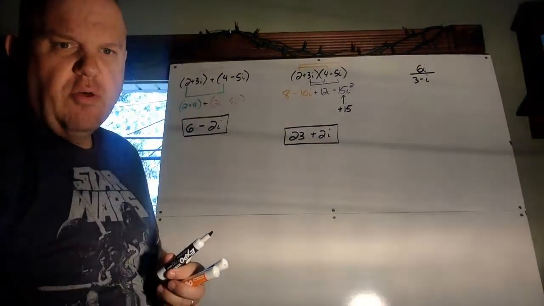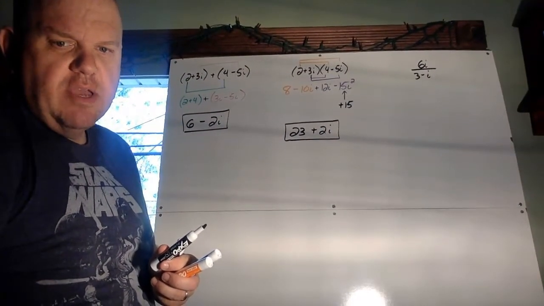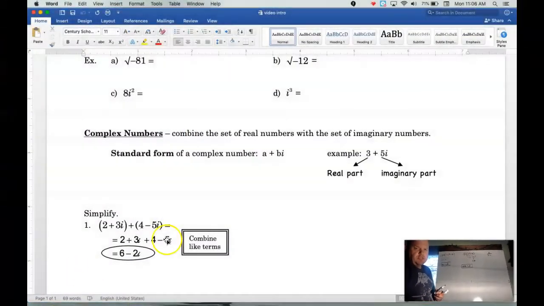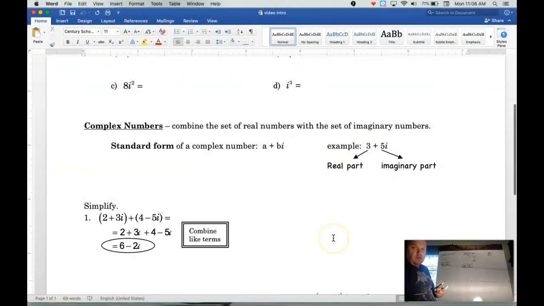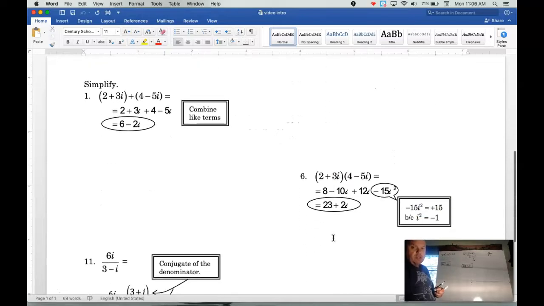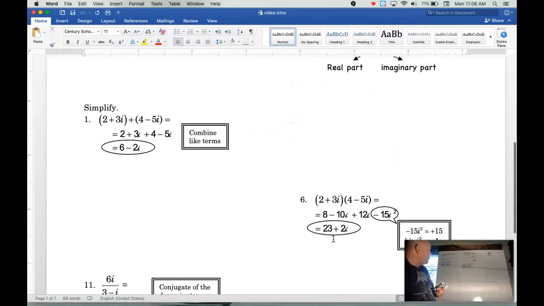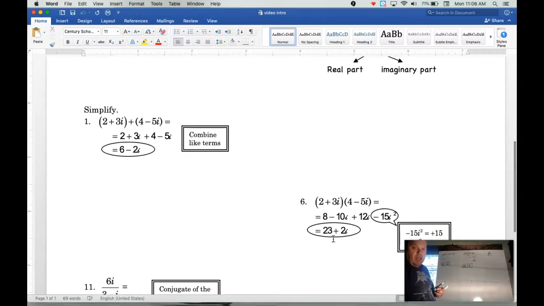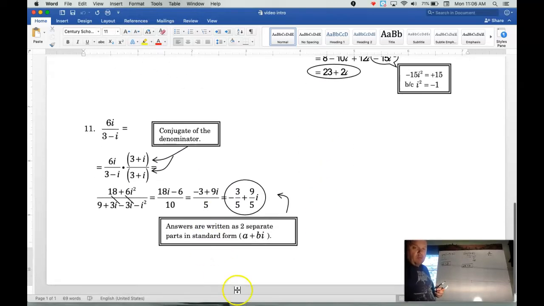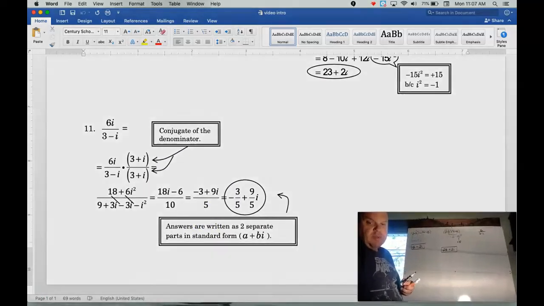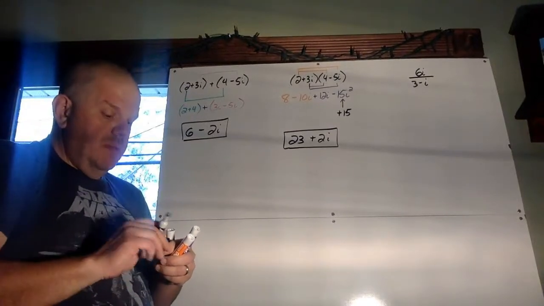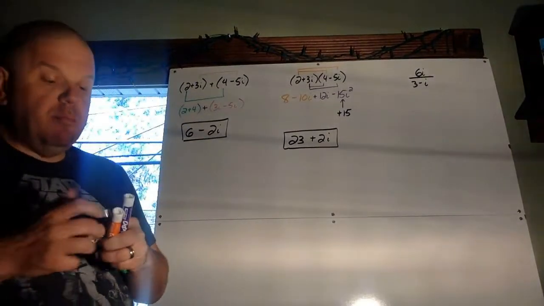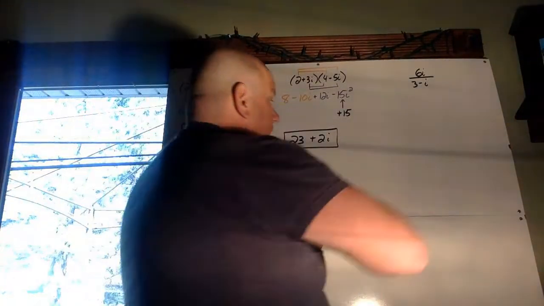Okay? And I think you guys have access to this worksheet. So those are the two worked out examples that we have on that one. Then on the back side, we have this other one. Now with this one, when we're dividing, we're going to be multiplying both top and bottom by what's called the conjugate.